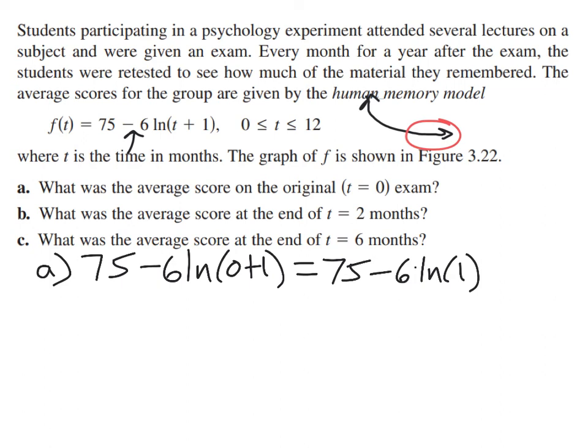That's 0, which means that would just be 75. So you can tell that number out here, which represents the vertical shift, is pretty significant. That would be like your baseline score for the average. This was, I think, for several students that were participating. So that was the average knowledge right at the end of the course.